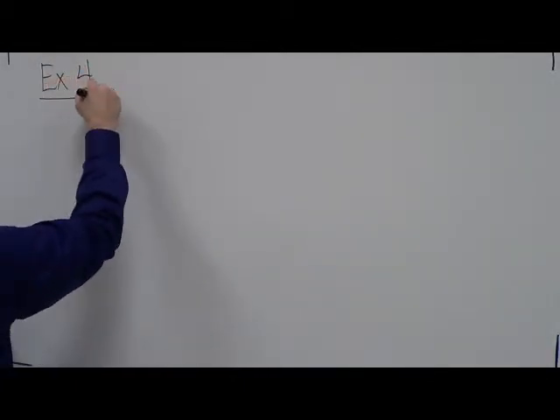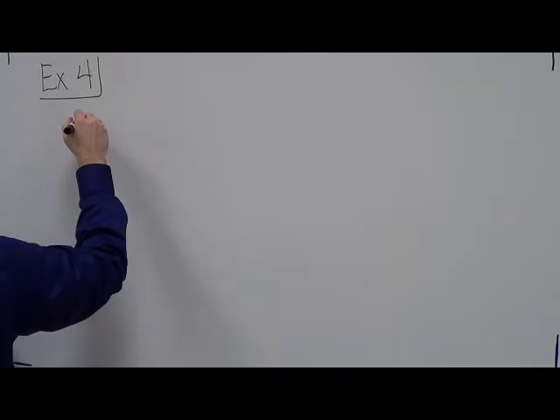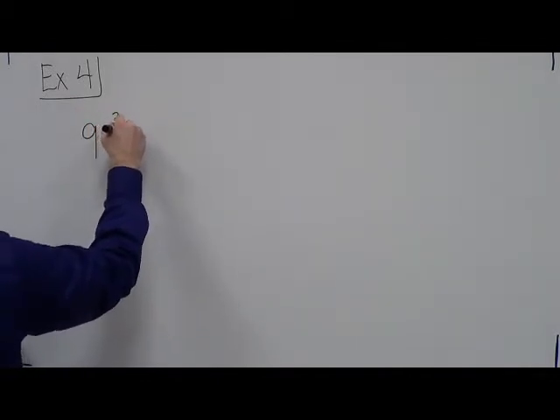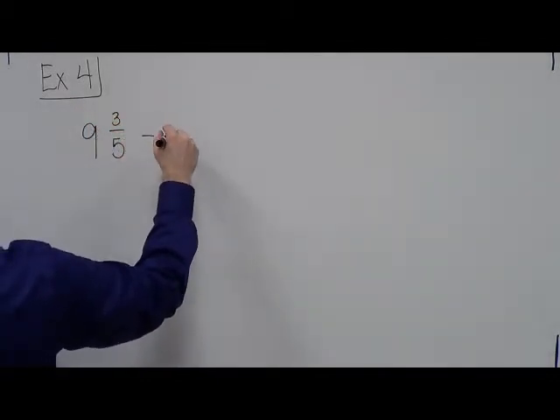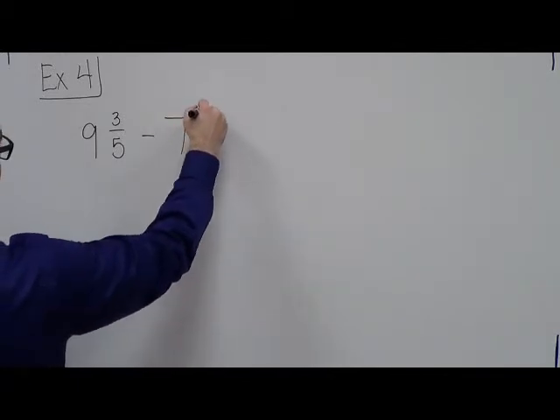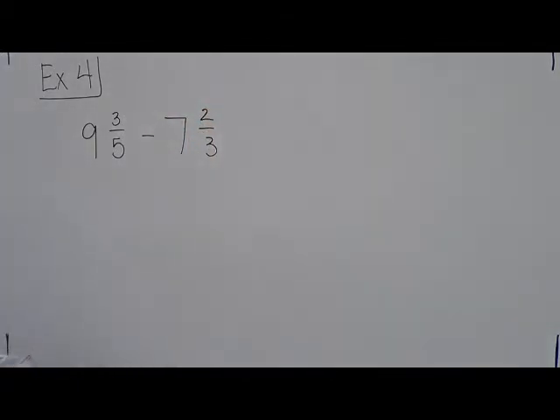So the next one I want to go over is going to be mixed numbers. So for instance, if we have 9 3/5 minus 7 2/3.